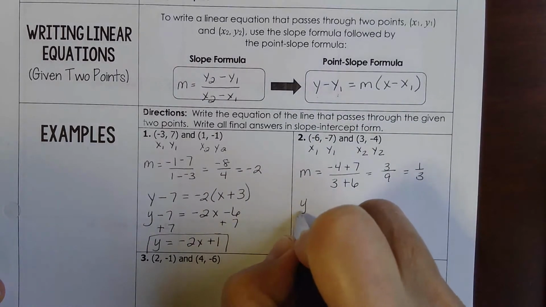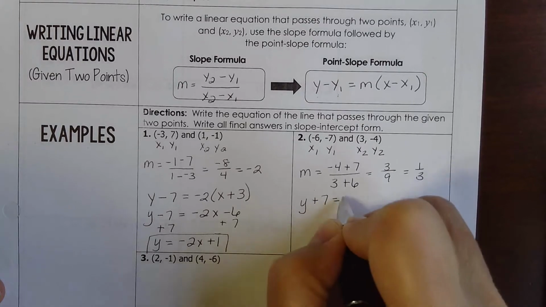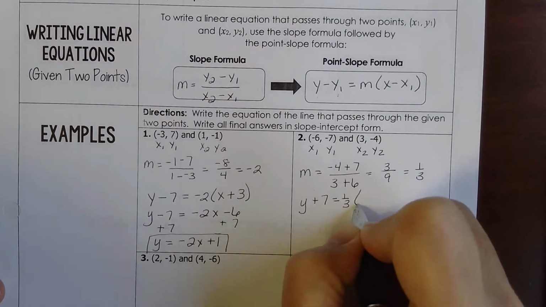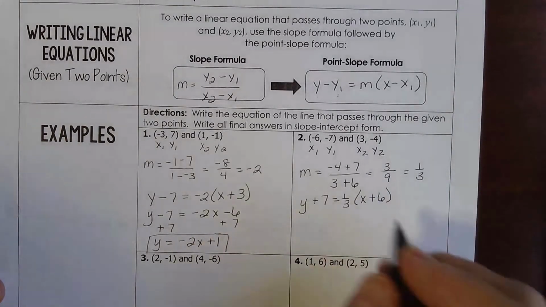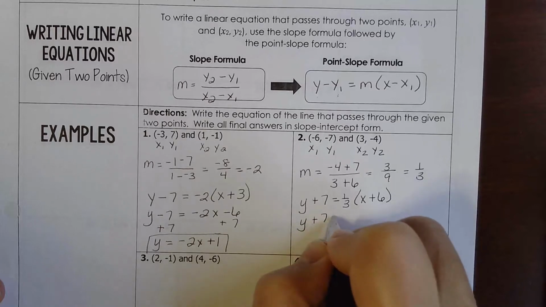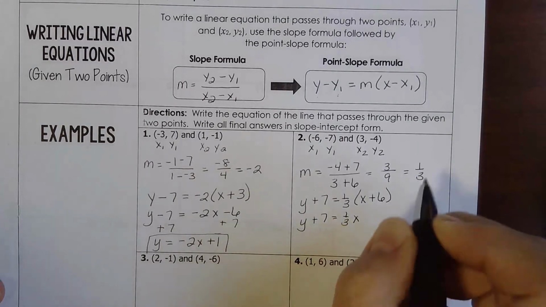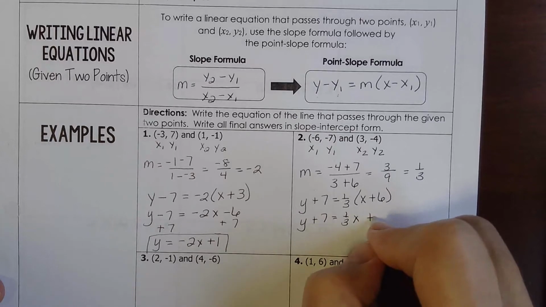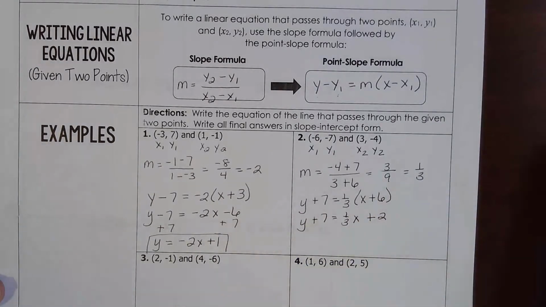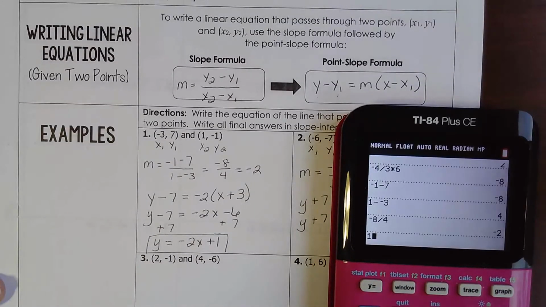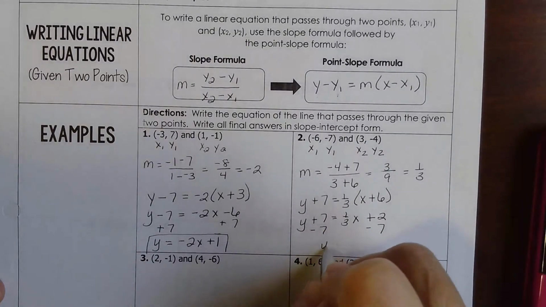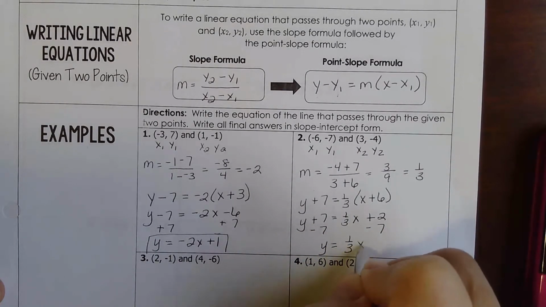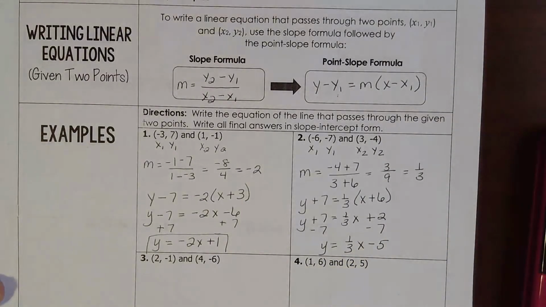So it's going to be y plus 7 equals 1/3 times x plus 6. Distribute, so you get y plus 7 equals 1/3 x, and 1/3 of 6 is 2. If you don't believe me, just do it on your calculator. 1 divided by 3 times our 6 is 2. Subtract 7. Y is going to be 1/3 x minus 5.